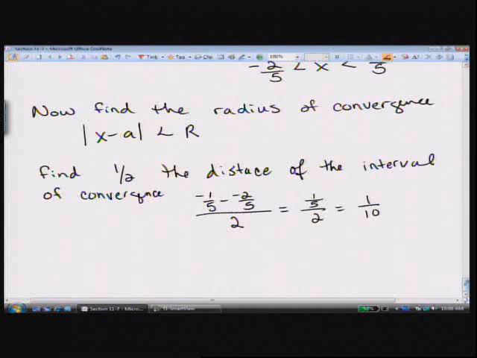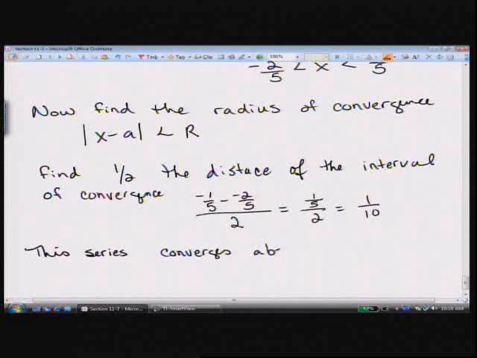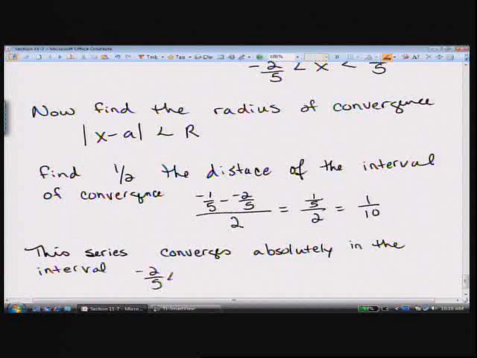So we can say that this converges absolutely in the interval from negative 2/5 to negative 1/5. Okay.